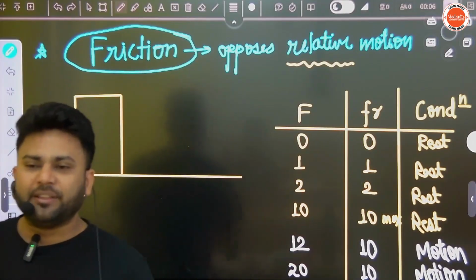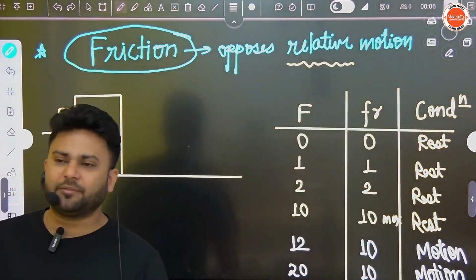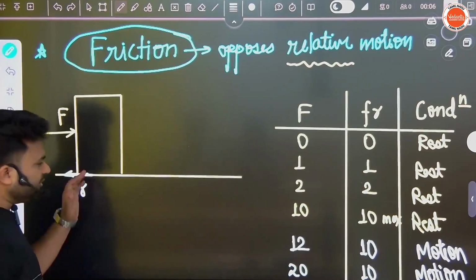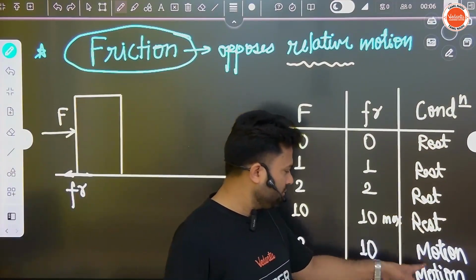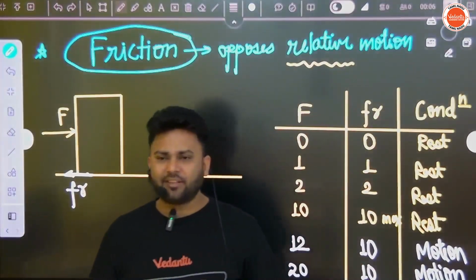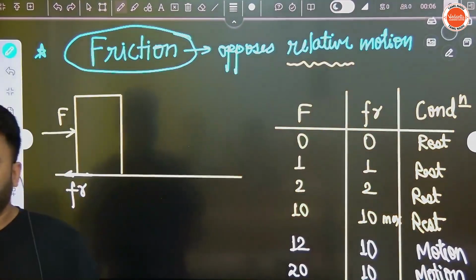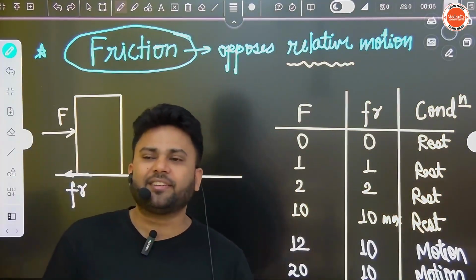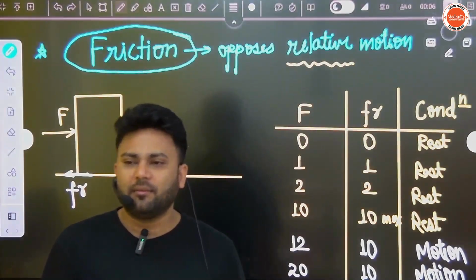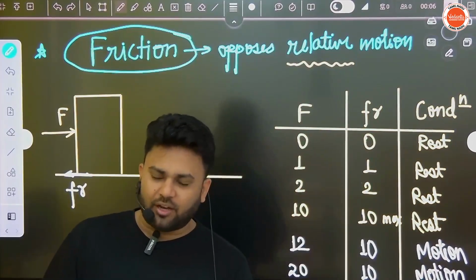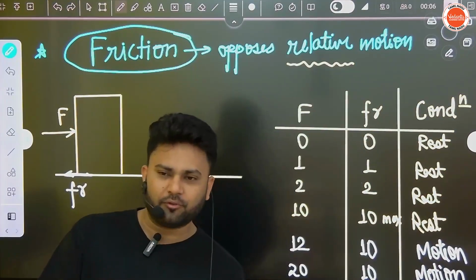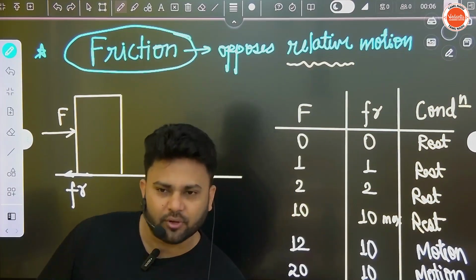But what has been seen, a very important point, in these last two cases, as the body moves, you can think like this, friction gets a little bit demotivated because it was trying to oppose me, saying don't move, like a small boy trying to oppose me.